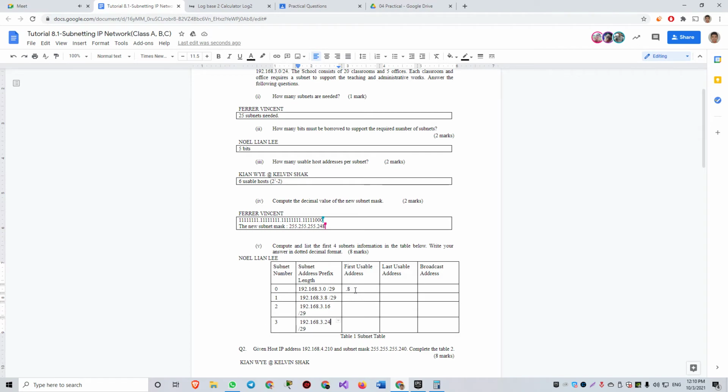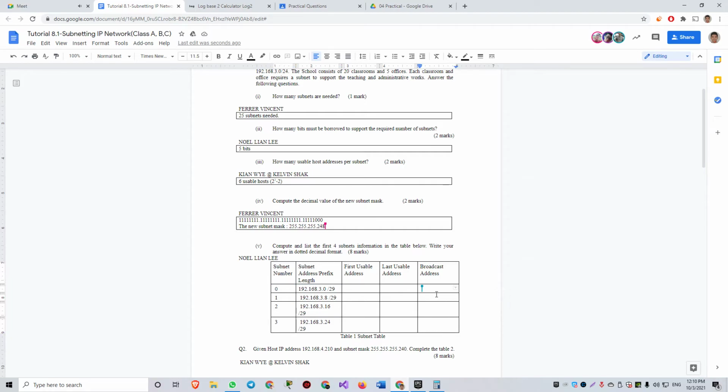So now that you have the subnet address, what is the broadcast address? No, do the broadcast address first. This is the step to do. 192. Do we include the prefix? No. Only the subnet address gets the prefix.